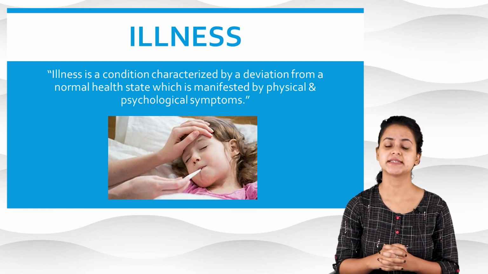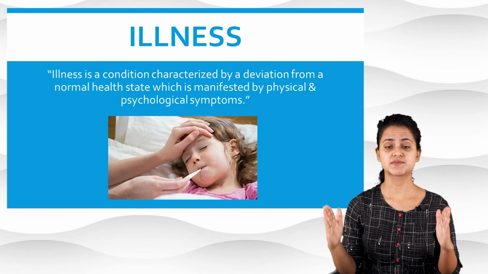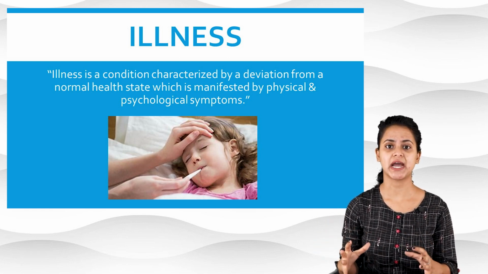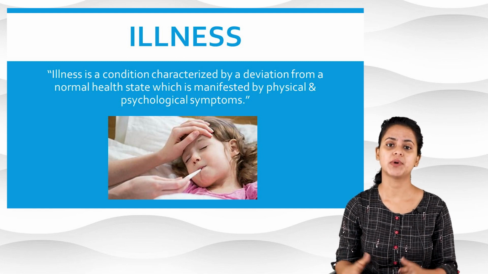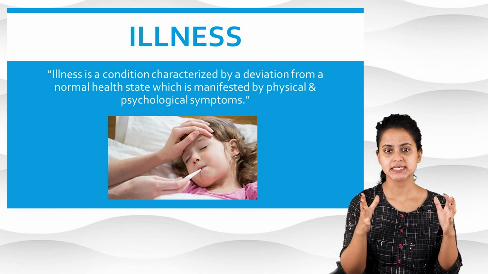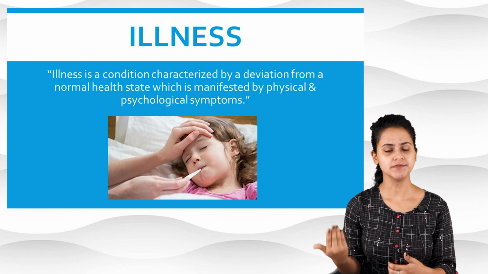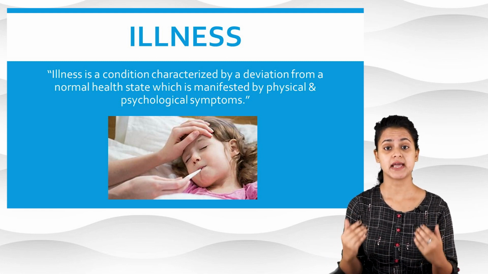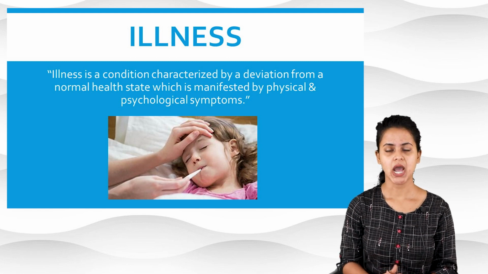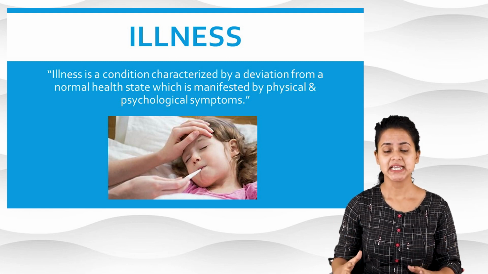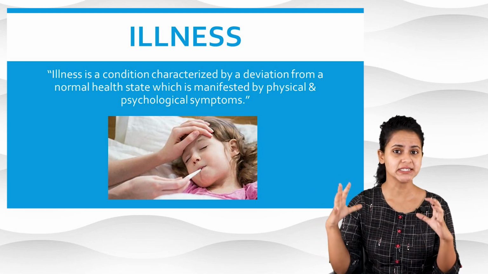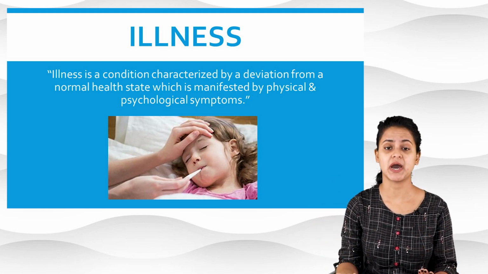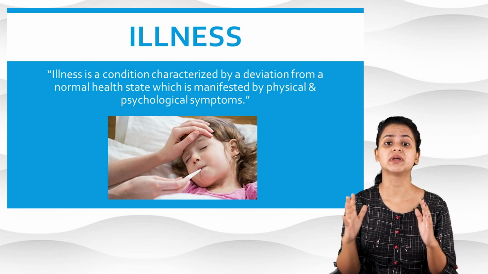It states that illness is basically a condition which is characterized by deviation from a normal health state, which is manifested with certain physical and psychological symptoms. I hope you are clear that this is a condition characterized by deviation from normal health.